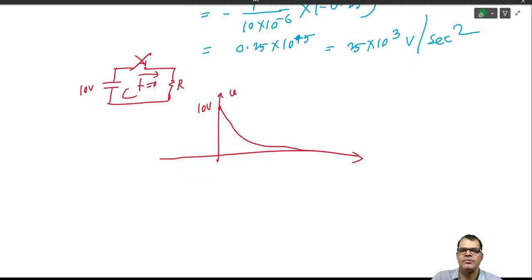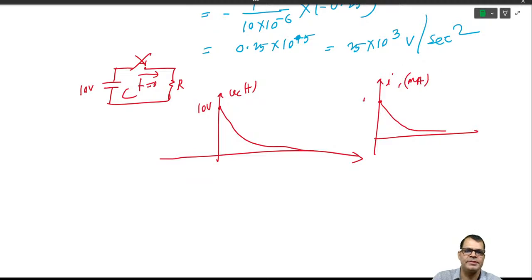This is your Vc(t). Similarly, current will also be 0 when it is completely discharged. The initial current is 5 milliampere. This is your current I in milliampere. This is the general shape of the response of current or voltage of the above circuit.